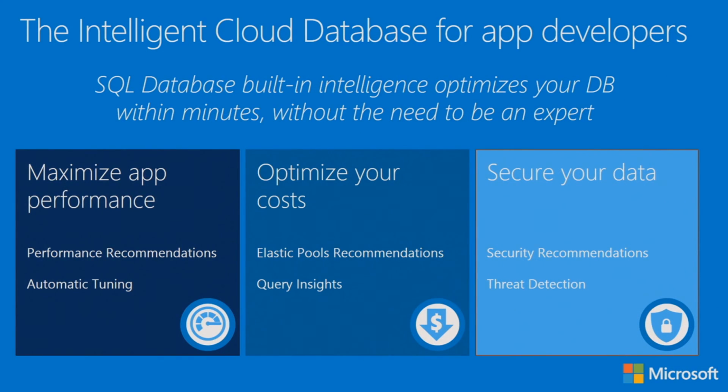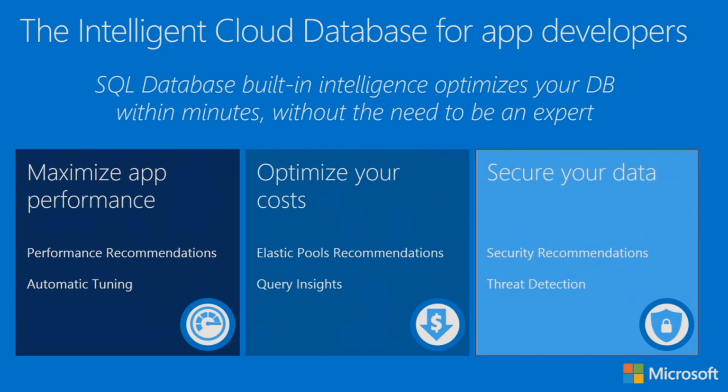So finally, we want to recap this and go over the key points, which is the built-in intelligence works around the clock for you, helps you configure, optimize, and tune your database within minutes without requiring you to be the expert. We've seen how in performance, the SQL Database Advisor provides actionable recommendations and automatic tuning to help you speed up your application and prevent performance incidents.